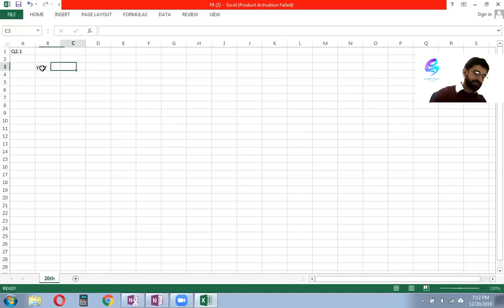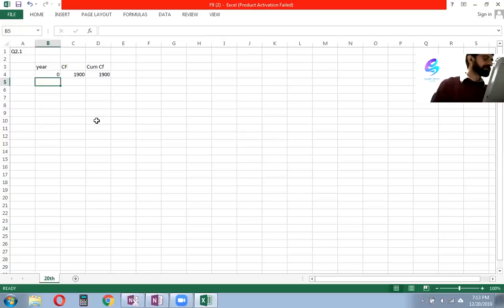I'll have a column for years, then I'll have cash flow, and then I'll have the cumulative cash flows, right? So we'll start with year 0, and the cash flow is minus 1900. And we have 1900 over here also. And then for years 1, 2, 3, let me check the figures from the notes. So it's 1, 2, 3, 4, and 5.